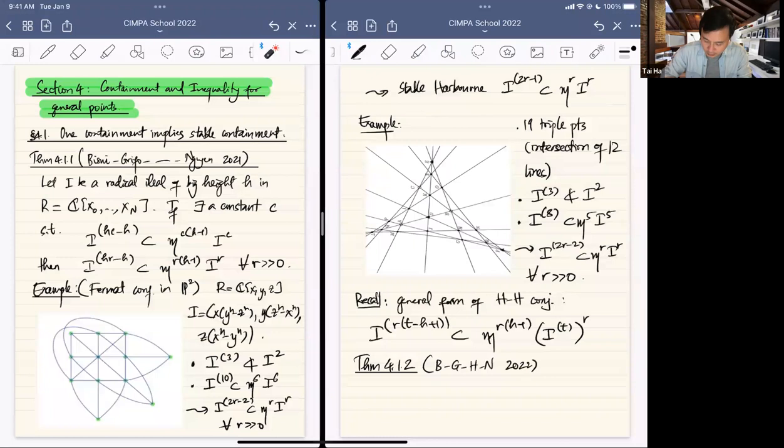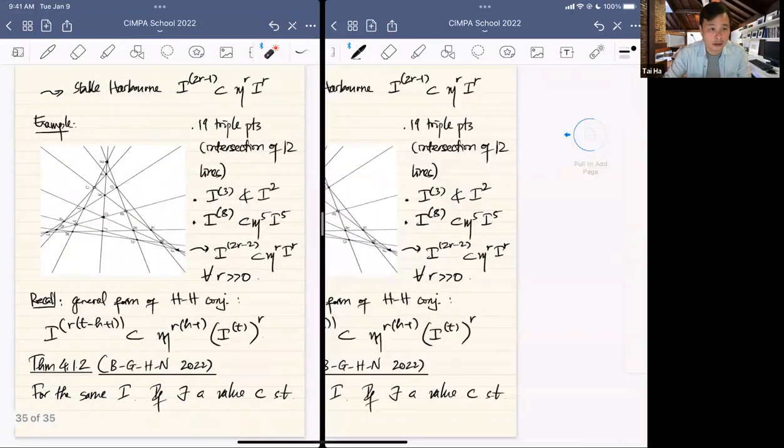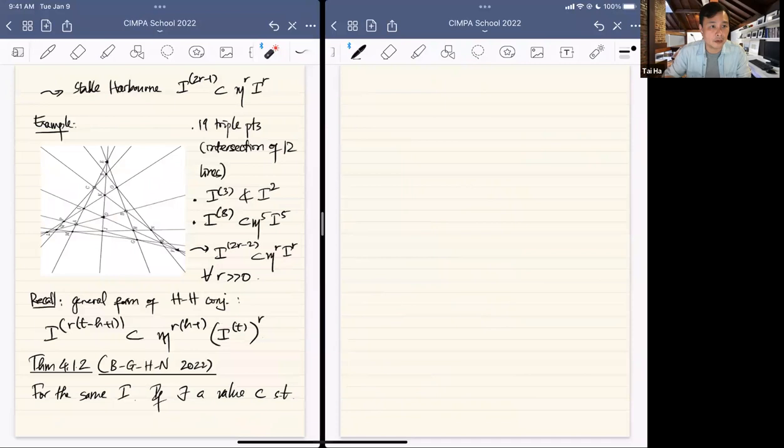So this is also again by Bisui, Hà, myself, and Wiles in 2022. What we proved was that, again, assume for the same ideal I, there exists a value c such that the containment we need is the following: I to the power c times t plus h minus 1.